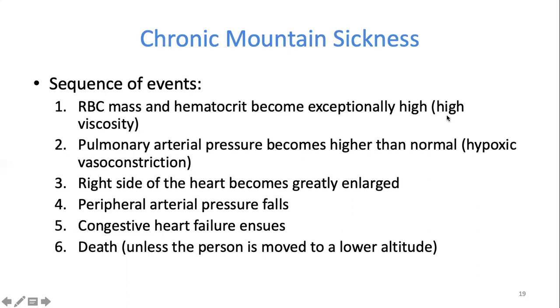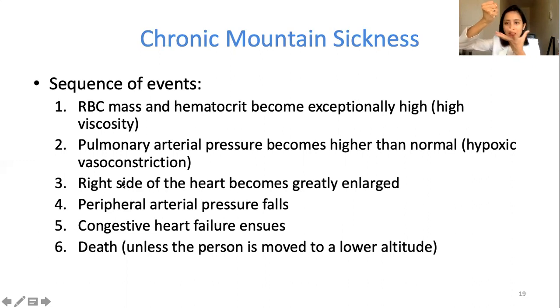The pulmonary arterial pressure becomes higher than normal. Because of that, remember the hypoxic vasoconstriction. Because of the vasoconstriction, the pulmonary arterial pressure increases. And because of the high pulmonary arterial pressure, the right side of the heart becomes greatly enlarged. Because of the high pressure in the lungs, the right side of the heart cannot pump to the pulmonary circulation.